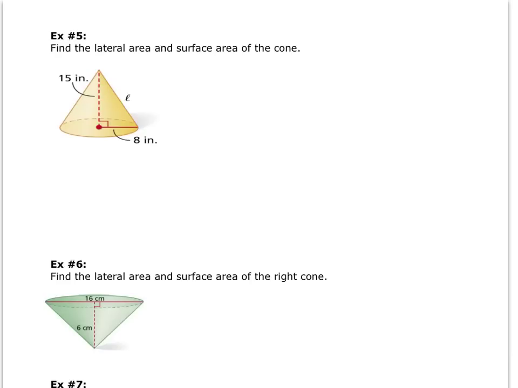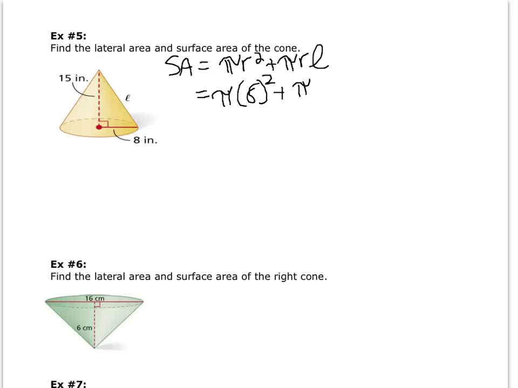Next one, find lateral and surface area of the cone. So I usually start with surface area, pi r squared plus pi r l. I have the radius, so I've got pi times 8 squared plus pi times 8 times L. I don't know L. This is my height, but look what I have here on my cone.